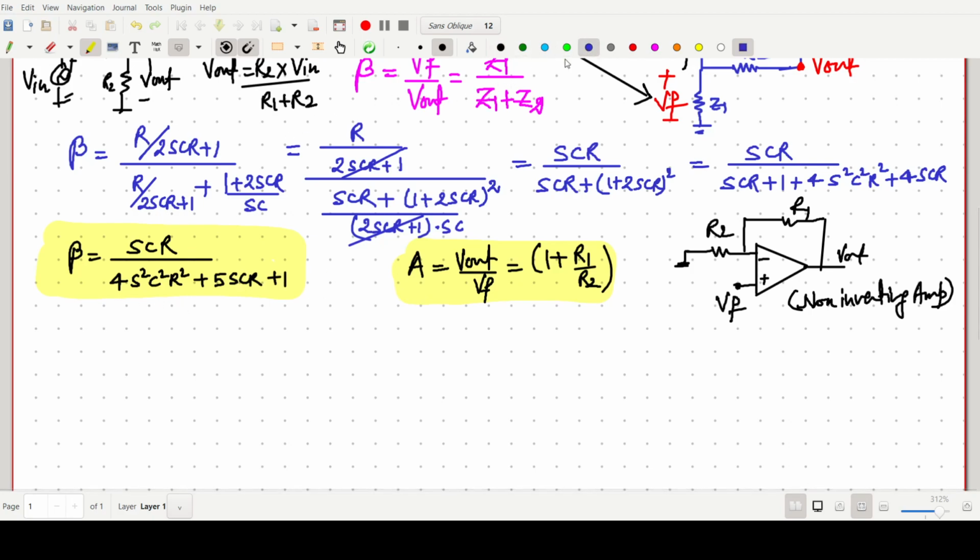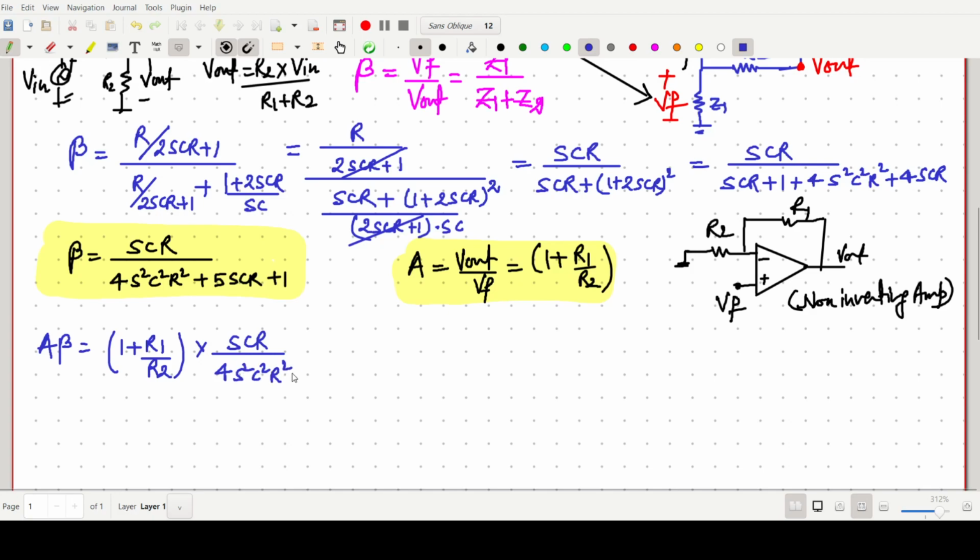So write A and beta and multiply: 1 plus R1 by R2 into SCR by 4 S square C square R square plus 5 SCR plus 1.